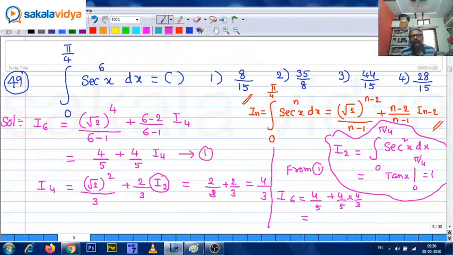Here 15 is the LCM. 12 plus 16, that is 28 upon 15. So that means the fourth option is the right option. Fourth option is the right option.